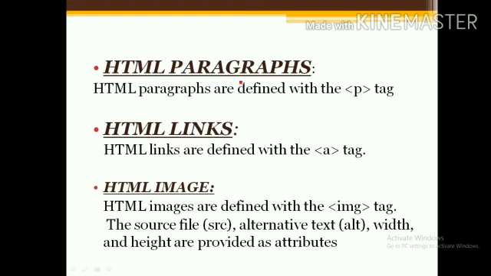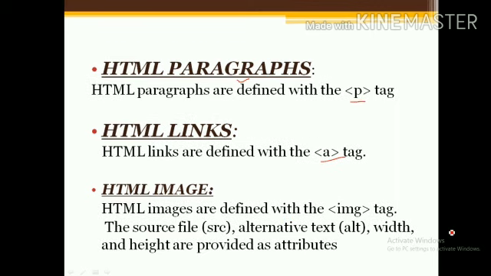Now, HTML paragraph. For paragraph we have the p tag. HTML link. For linking it's your a tag, that is going to link your page from one page to another. This is your linking. HTML images are defined with the image tag, that is your img tag.